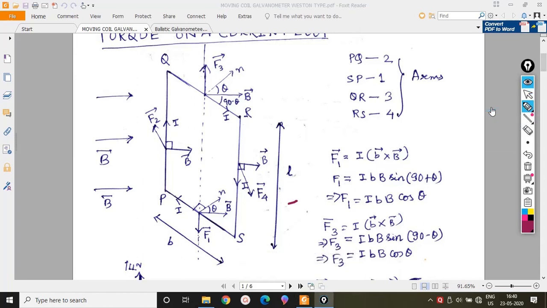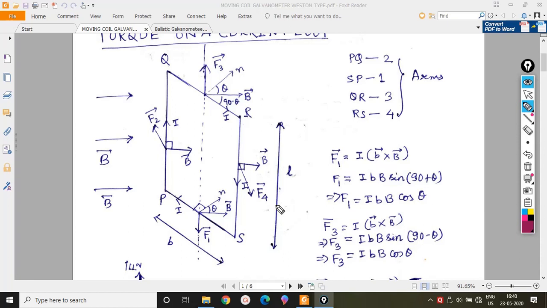Again, there should be an arrangement for entering the current, but I have not drawn that in this diagram, for the sake of simplicity. This rectangular loop is also capable of rotation about this axis, which is shown by the dotted line.